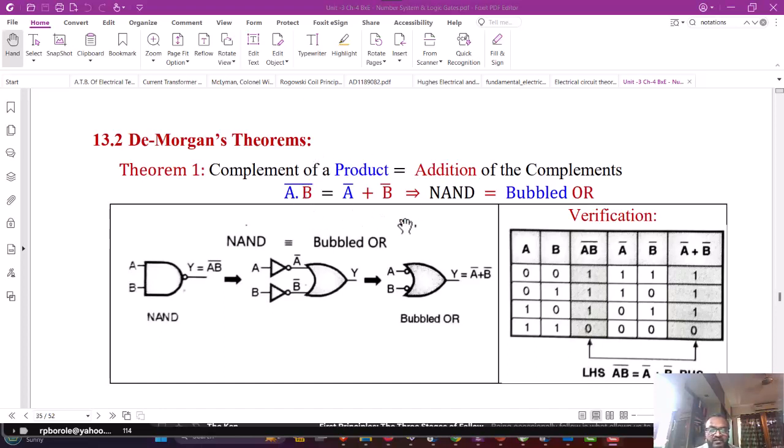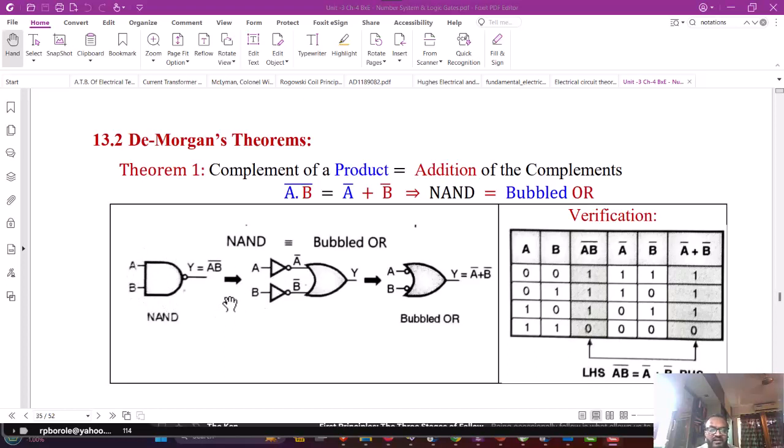How this logic expression is implemented is shown here. A and B are the two inputs. Then A dot B complement is nothing but the NAND operation. Y is equal to AB complement. That is the output of the NAND gate.